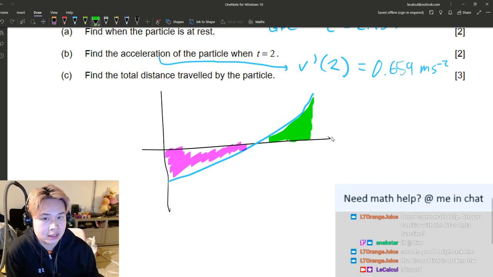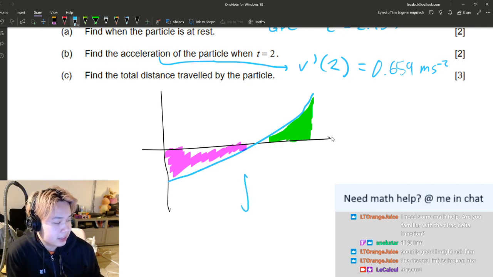So unfortunately, you can't just take a straight integral from 0 to 5. What you can do is take a straight integral of 0 to 5 of the absolute value, because graphing calculators are more than able to do this.